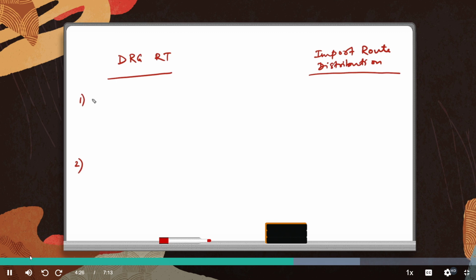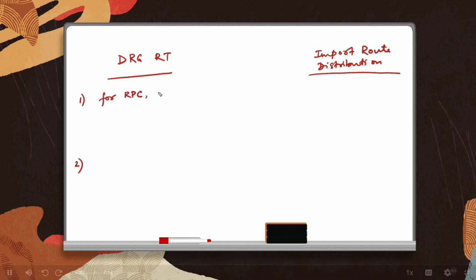The first route table is for remote peering connection, virtual circuit, and IPsec attachments. And its name is auto-generated DRG route table for RPC, virtual circuit, and IPsec attachments. And the second one is for VCN attachments.